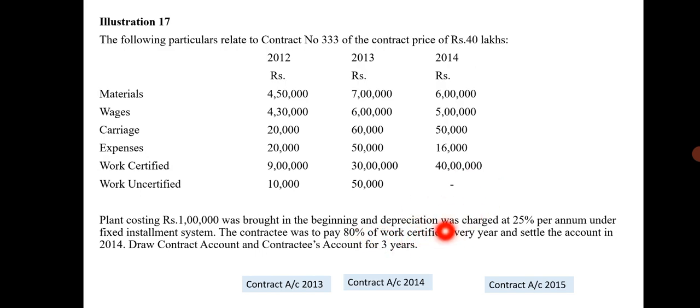So here we have to calculate the cash received amount, settle the account, and draw the contract account and contractee's account for 3 years. That is what is asked in the question. There are no big adjustments here. You have to prepare every year, and it is told that by 2015 the account is going to be closed. So let's start to do the solution.